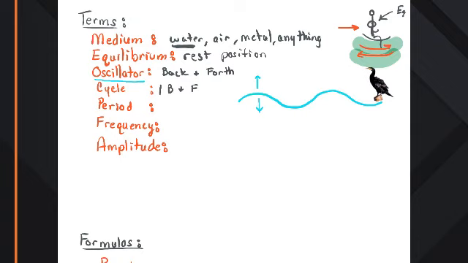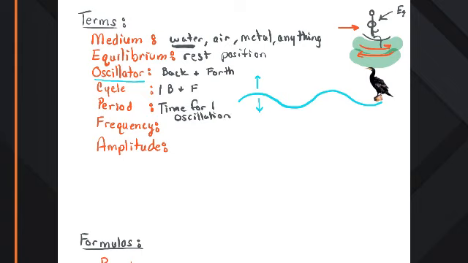All right, now if we are going to time how much time it takes for that kid to swing to the right and then come back, that time frame for the kid to move from right to left, that is the period. So I'm going to put in here time for one oscillation or one cycle to occur.